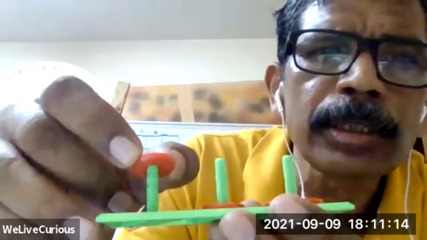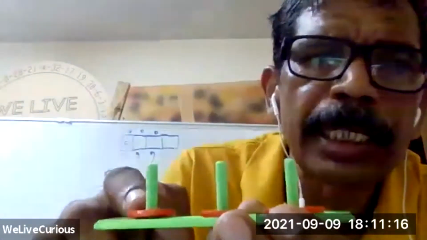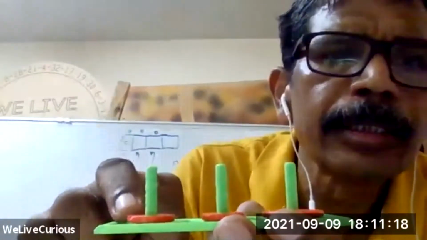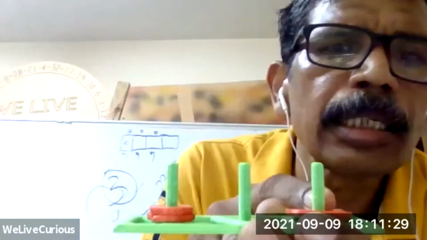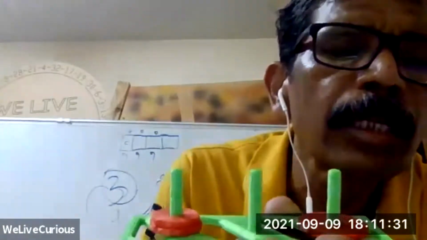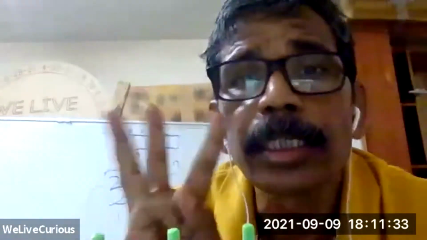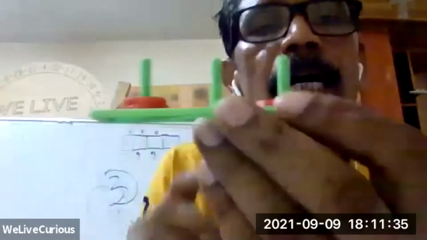The bigger one has to go somewhere here. This is bigger. Now this can go here. But now if I have to move this, I cannot put it here. I have to move this one. Now this is the largest. It cannot go down. Now how do we do it? Take 3 discs and try the combinations. How many moves does it take to move these 3 here?